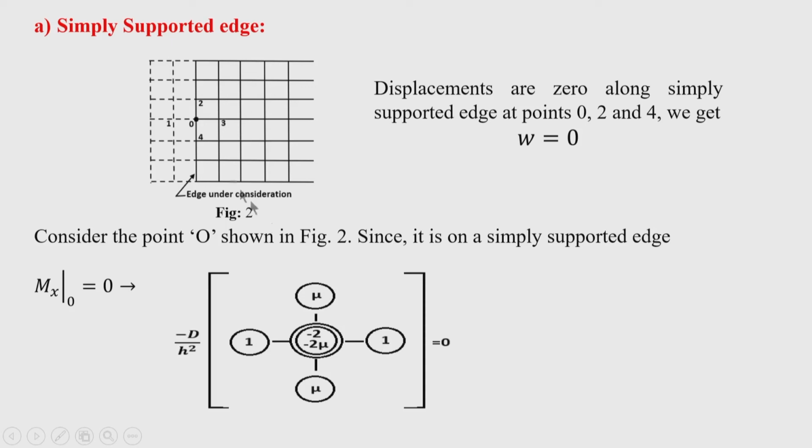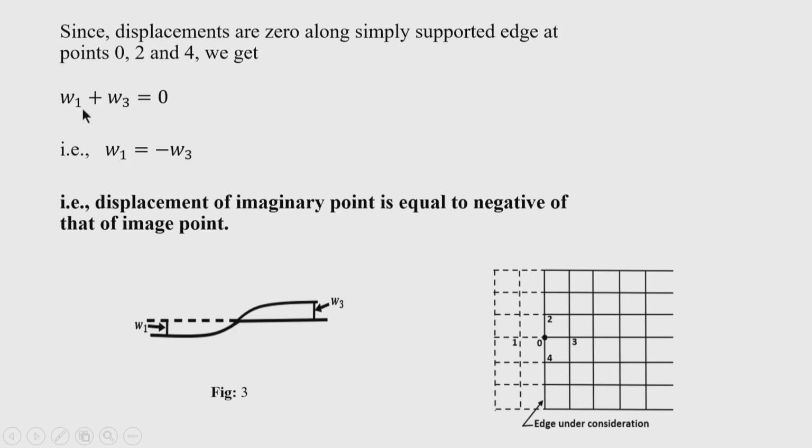So, W1 plus W3, with coefficient 1, is 0, and these other points are falling on the edge, so naturally the deflection will be 0 at 2, 0 and 4. So, we can express this boundary condition as W1 plus W3 equal to 0. So, W1 equals minus W3, that is, the deflection of the imaginary point is equal to the negative of the deflection of the image point. The image point is 3 here.